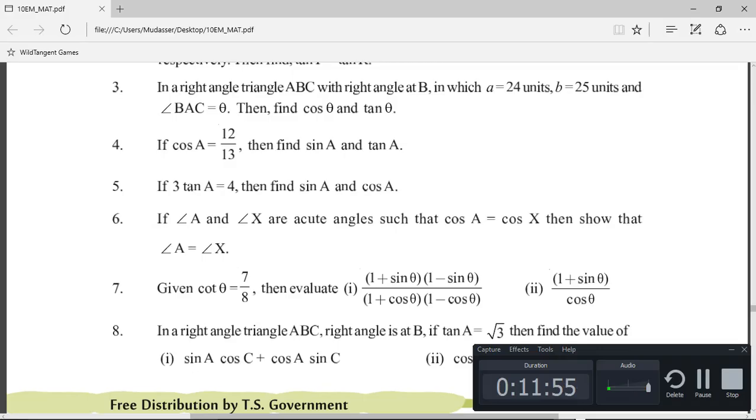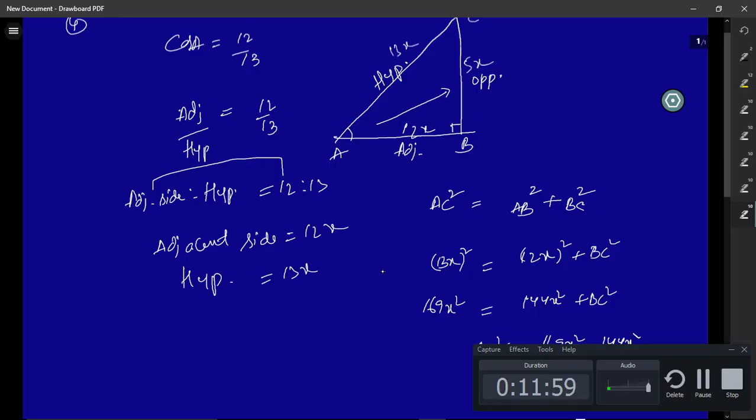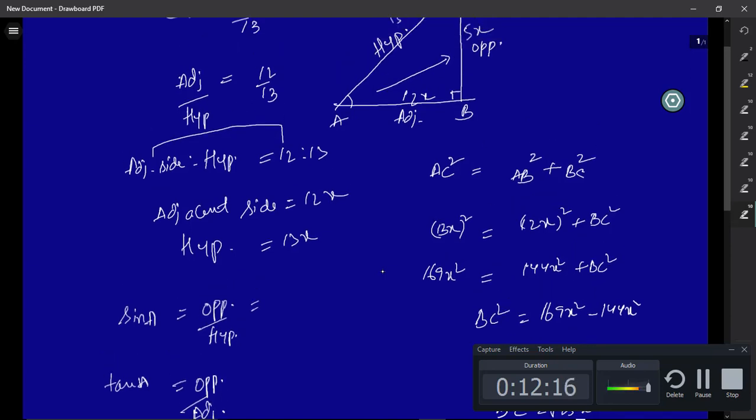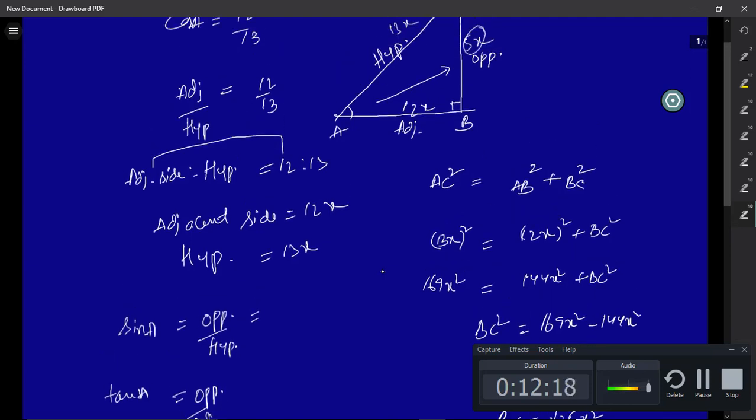Now in the question, it's asking us to find out sin A and tan A. We know that sin is opposite side by hypotenuse. Tan is opposite side by adjacent side. So what is the opposite side here? We can see here the opposite side is 5x.